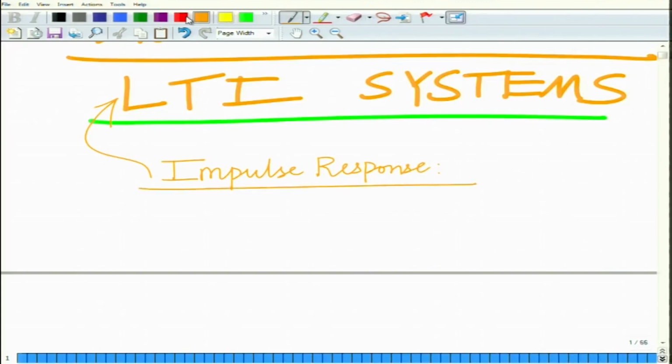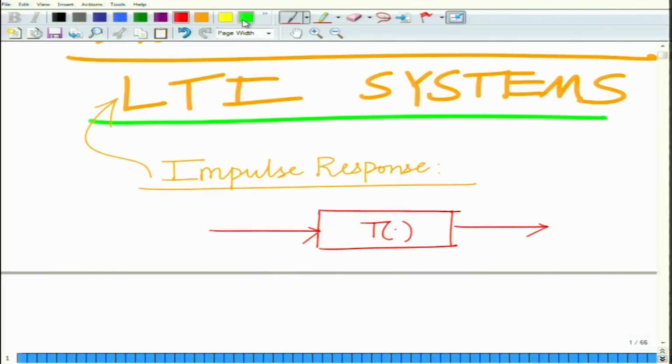The impulse response of a discrete LTI system is basically the response to the impulse delta n.